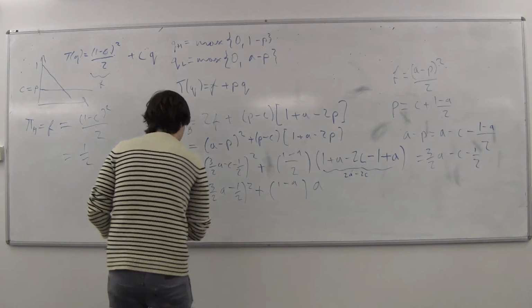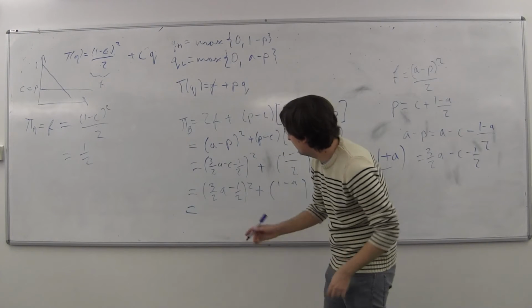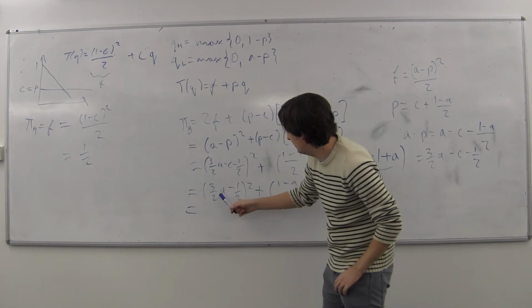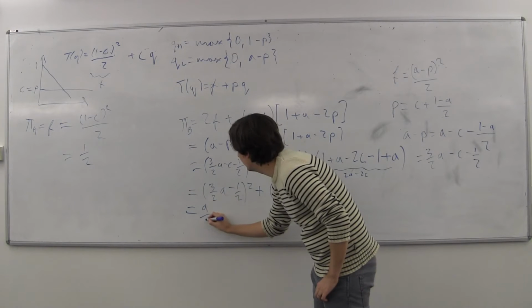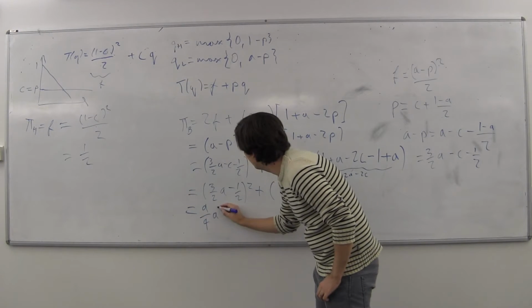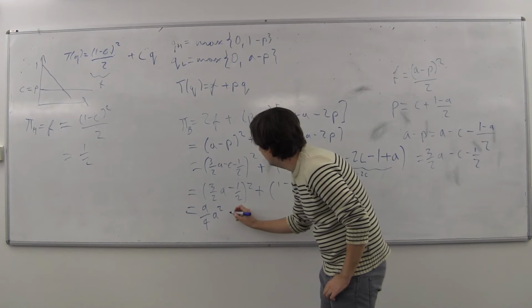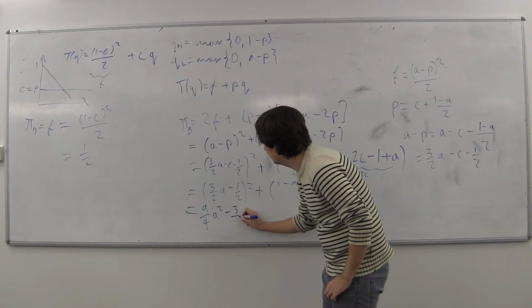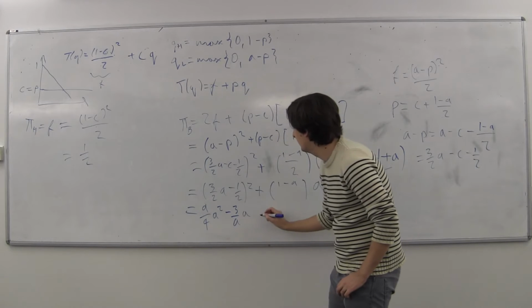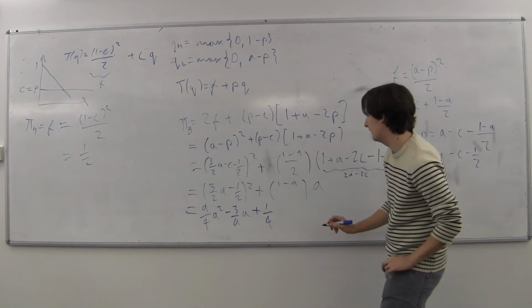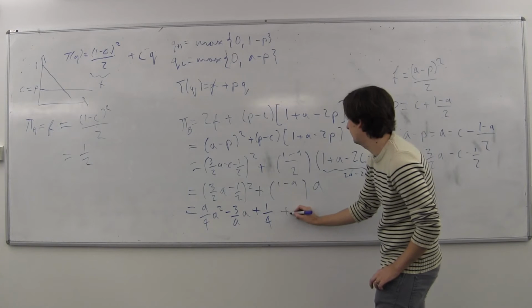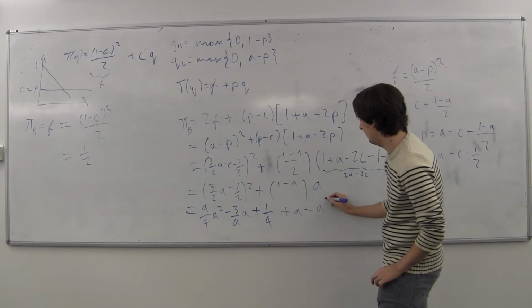So you can actually multiply out the brackets here. So this is 9 over 4a squared minus 3 over 2 times a plus a quarter plus a minus a squared.